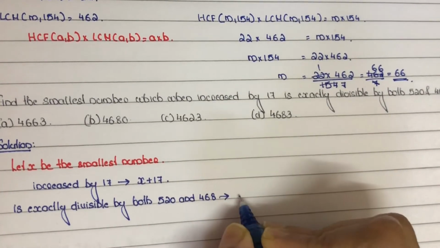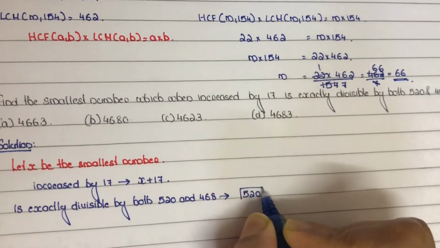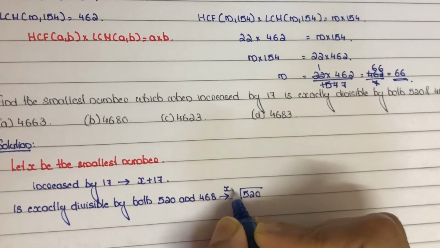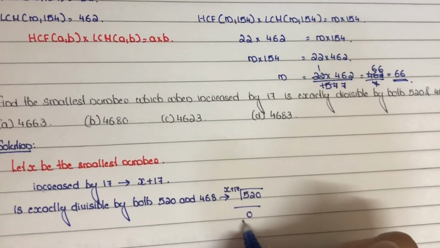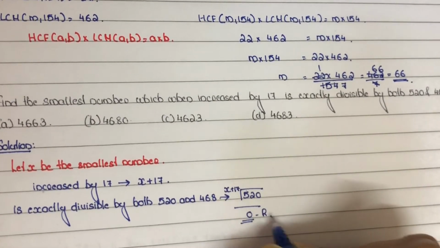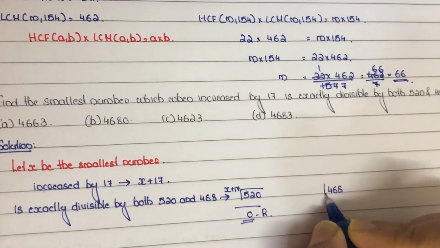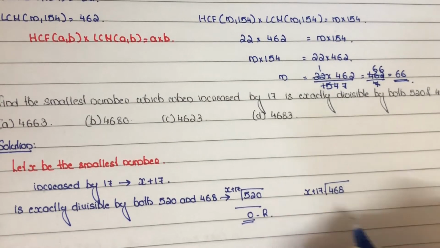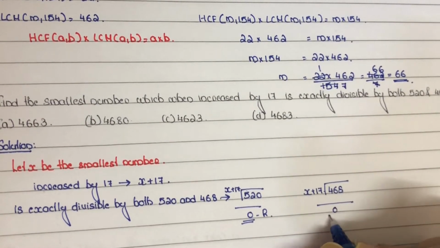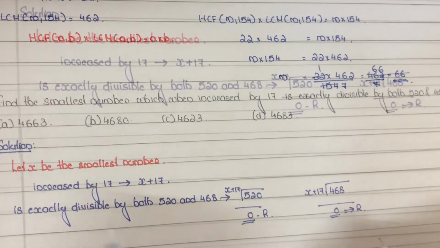Means when you divide 520 by x plus 17, then you will get remainder equal to 0. Similarly, when you divide 468 by x plus 17, you will get remainder equal to 0.